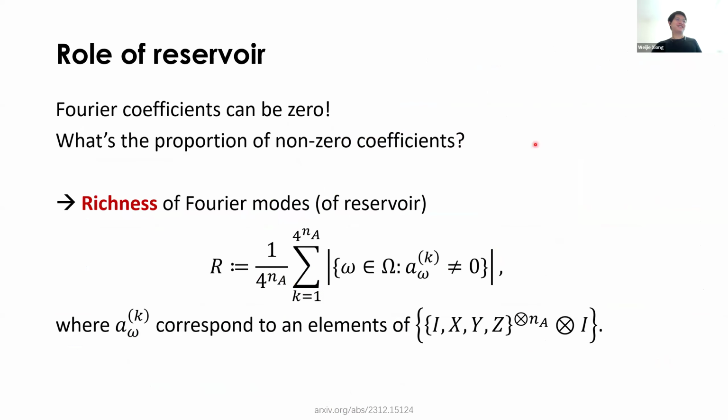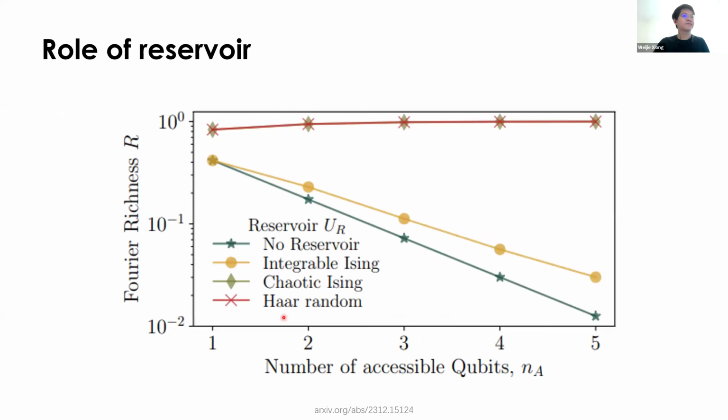Remember the previous chart just works as an example. To better and quantitatively study the effect of the reservoir, we define the richness of Fourier modes. So basically, this is the proportion of non-zero coefficients, and we take the average over all the Pauli strings. Now we plot the richness against the number of accessible qubits in semi-log scale.